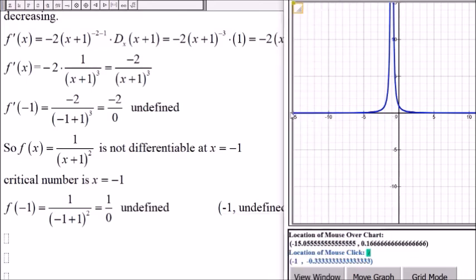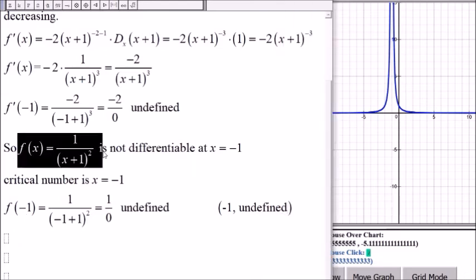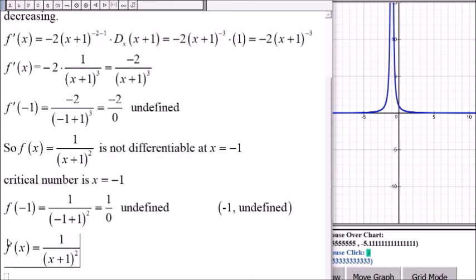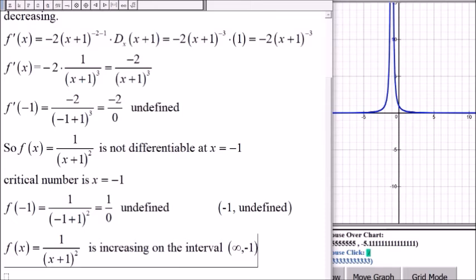Again, we can see that from the left side up to negative 1, the graph is going up, and from negative 1 to the right side, the graph is going down. And so this function is increasing on the interval from negative infinity to negative 1.